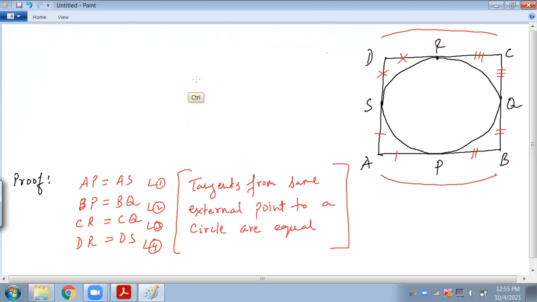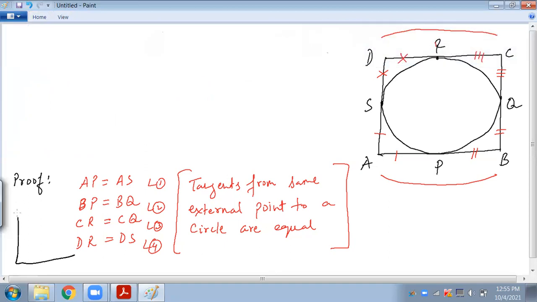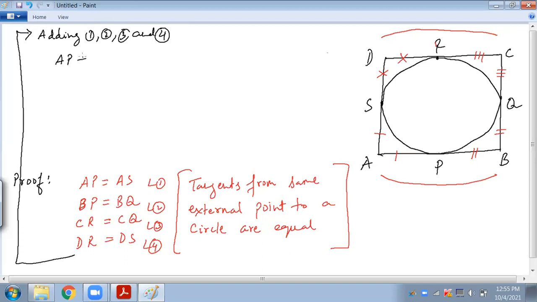Now, adding equations 1, 2, 3, 4, how do we add the equations? We add the left hand sides with the left hand sides and right hand sides with the right hand sides.